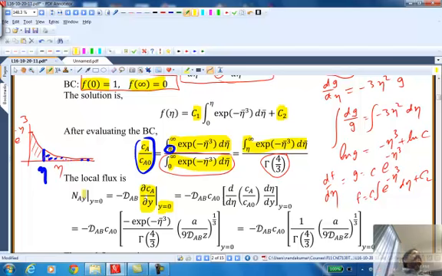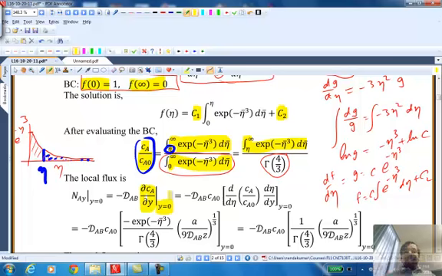That way you can evaluate the flux of the material dissolving from the solid into the liquid phase at the solid-liquid boundary, which is fixed by y equal to 0. That means you need to take the derivative of this function with respect to y and then put in y equal to 0.